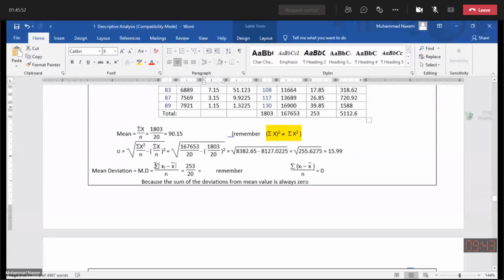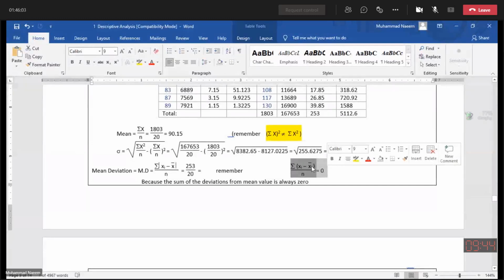In the numerator, the sum of all the modulus values divided by n. Again, remember, mean deviation is not calculated with the formula without modulus. We have to use modulus. Otherwise, we will get the answer 0.